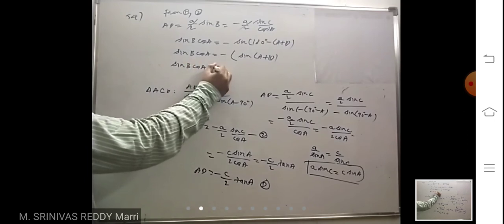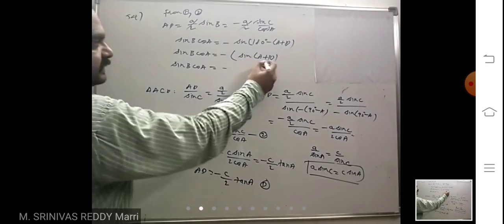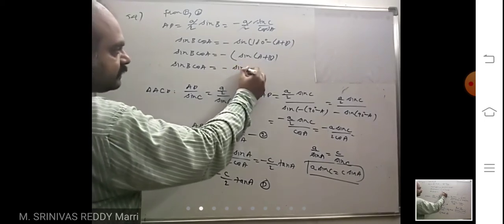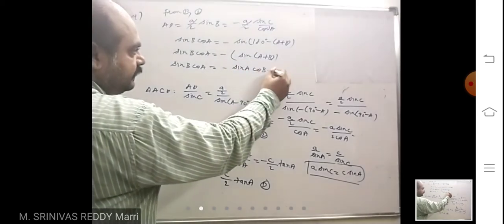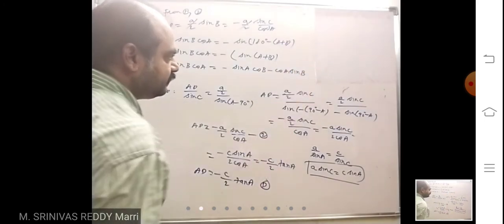Sin B cos A equals to this formula. If you write, you will get sin A cos B minus cos A sin B equal to 0.